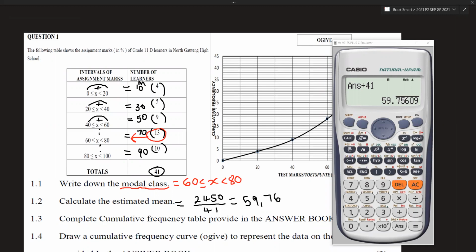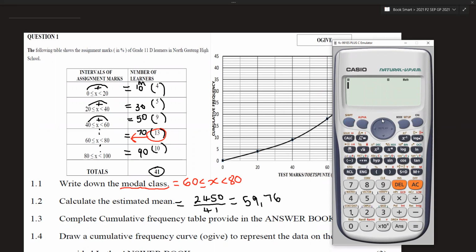The other way of doing it is to purely use a calculator. Let's make sure that our calculator is reset: shift, clear, all, equals, AC. Then you go to setup.